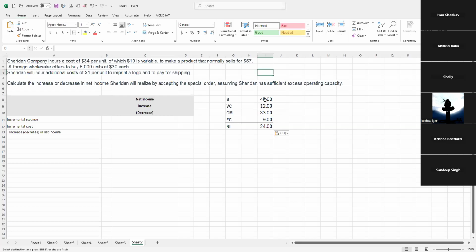So how much is the selling price per product? $30. No. On the original scenario, how much are we selling at the normal price?